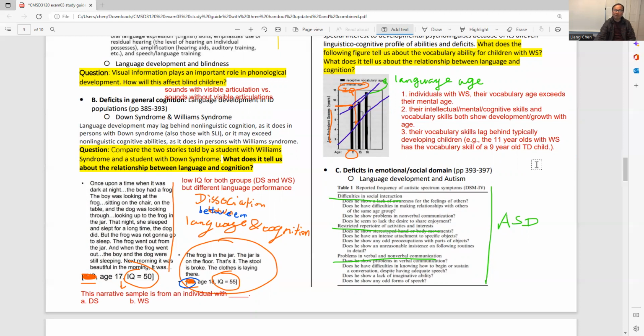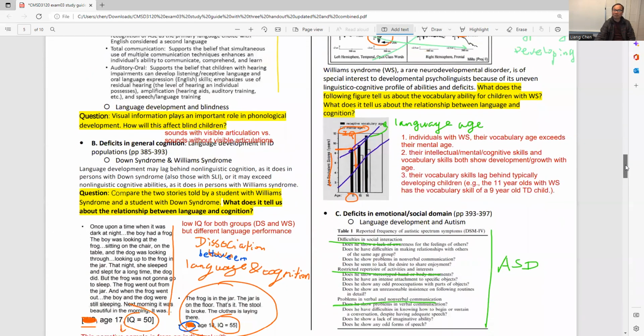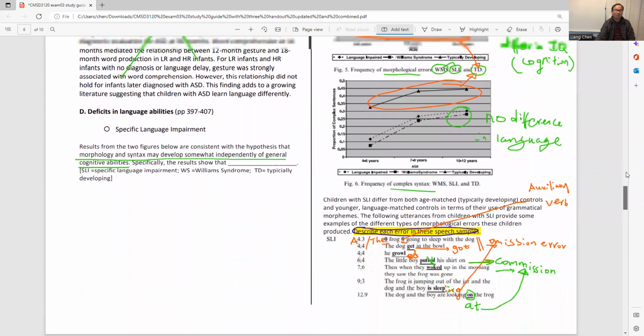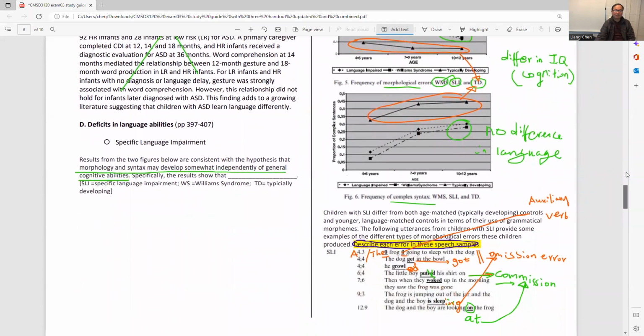But if we compare them with typically developing children, then we see that they are lagging behind. This is easy; these are some of the things we look for when trying to see whether somebody has these syndromes.